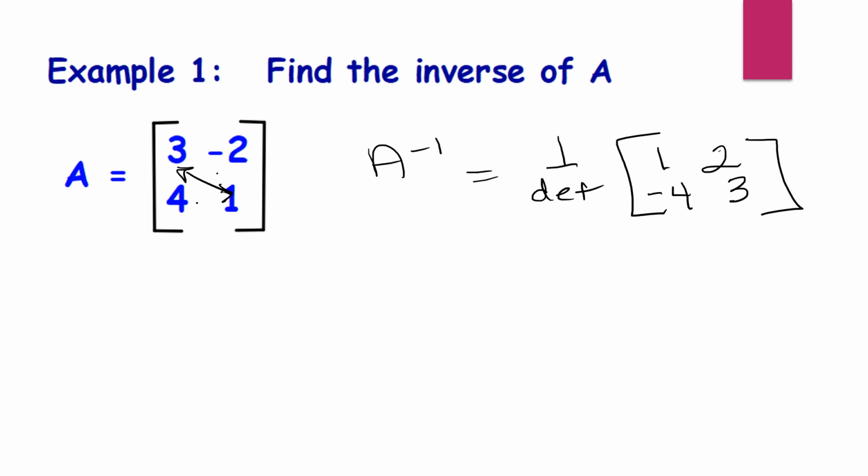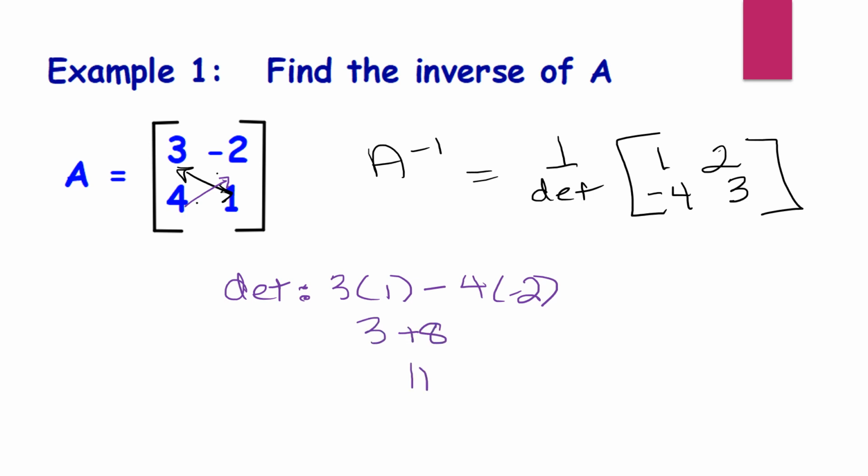Okay, that's my setup. Next, I'm going to take a little note off to the side and figure the determinant, and that is the down diagonals, 3 multiplied by 1, minus the product of the up diagonals, 4 multiplied by negative 2. So 3 minus negative 8 will give me 11.